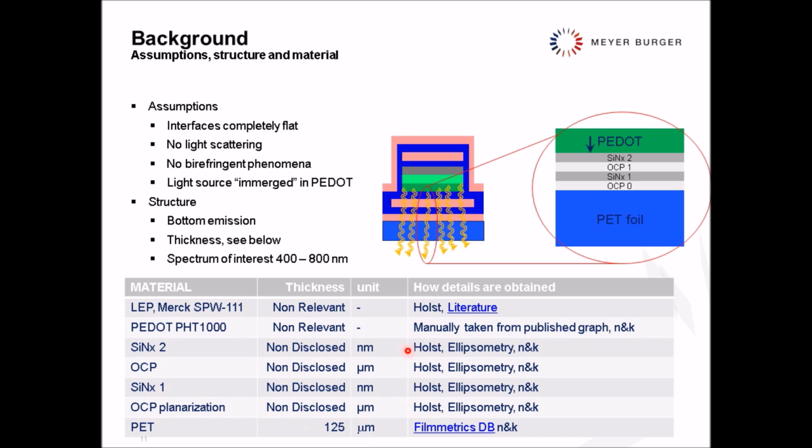All this material will be taken from a host baseline, and the measurement of refractive index and K has been performed in our labs. For what concerned the P dot and the PET, instead we looked into tabulated data. The spectrum of interest is then 400 to 800 nanometer, because that's where the light of this specific OLED material shines.